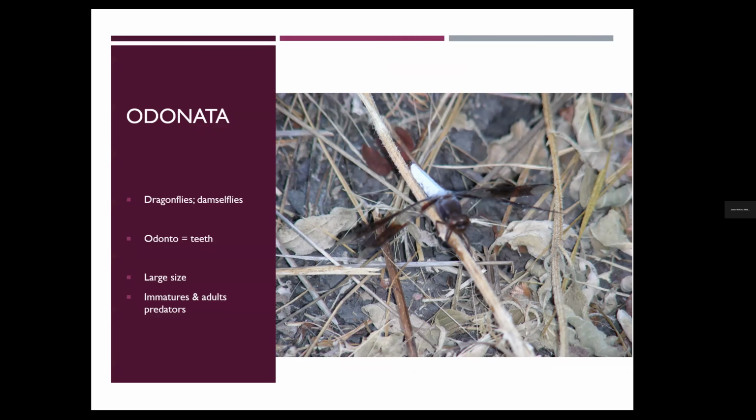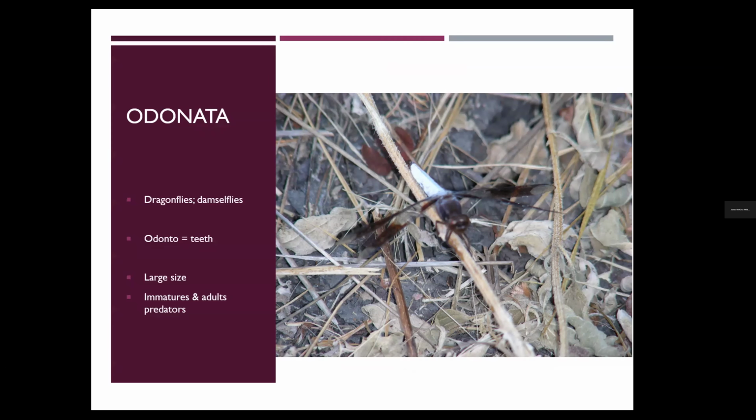If you look closely at their head, they're going to have large eyes, which helps them as predators. They also are going to have small bristle-like antennae in between those eyes. They also have chewing mouth parts. Again, chewing mouth parts in both adult and the immature stages.